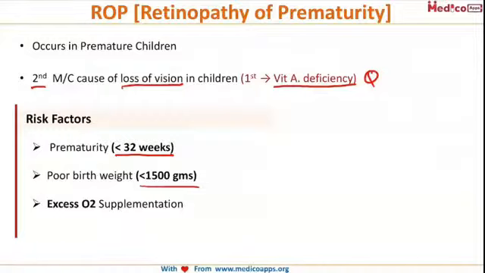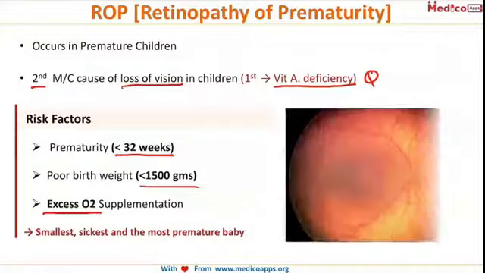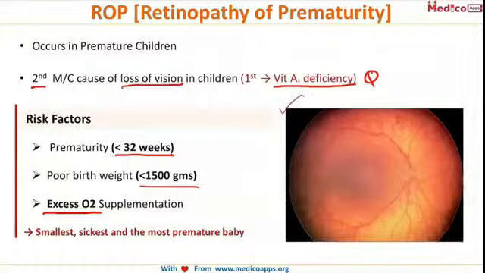And the third and most important risk factor is excess oxygen supplementation. This is the main reason behind the pathogenesis of ROP. An easy and simple line to remember the predisposed children of ROP is it is the smallest, sickest and the most premature baby that is predisposed to this condition called ROP.